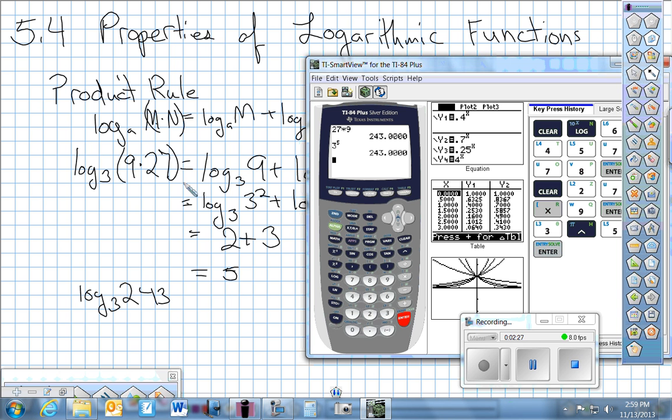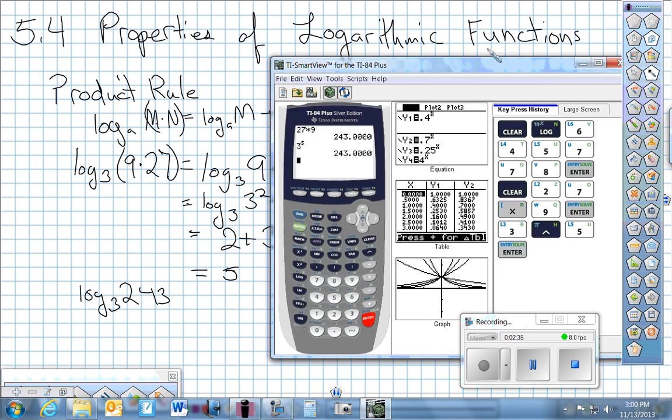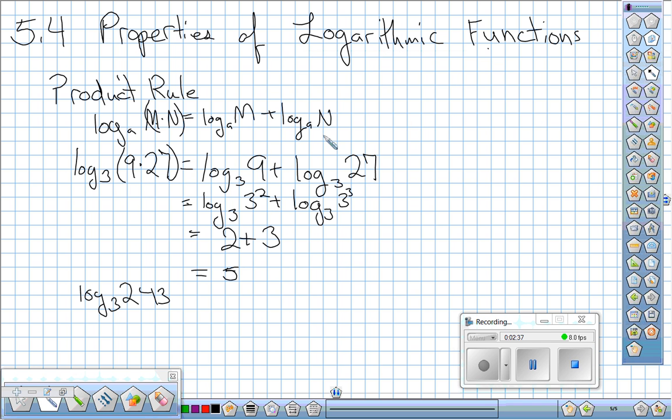Most of the time 243 is something we wouldn't have known had we multiplied it, so it's easier for us to break it down with smaller numbers, the 27 and the 9 that we should hopefully know, or you will learn at least.